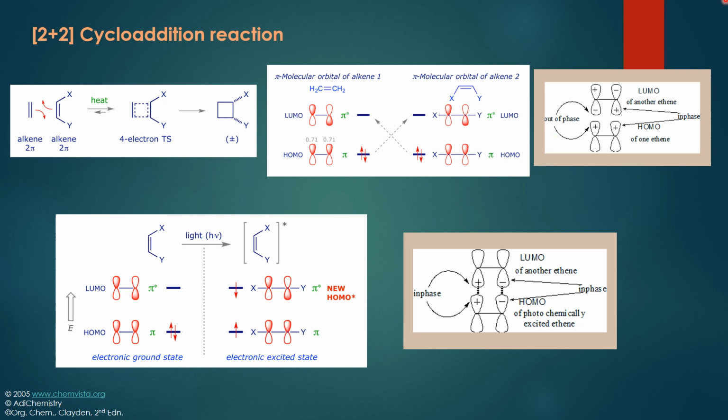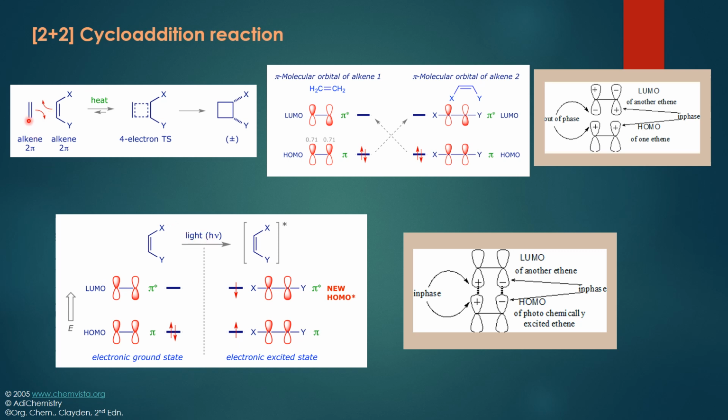Okay, but what happens under photochemical condition? Here we have a simple alkene, ethene, and here we have another substituted alkene. Under thermal condition, this is the heat condition, and this won't take place because one is in phase and the other is out of phase. But now we are going to see what happens under photochemical condition.